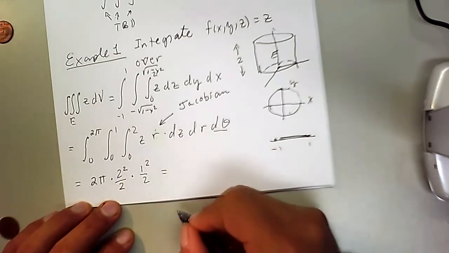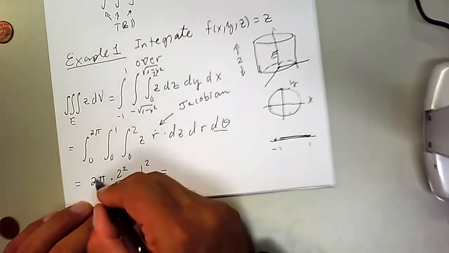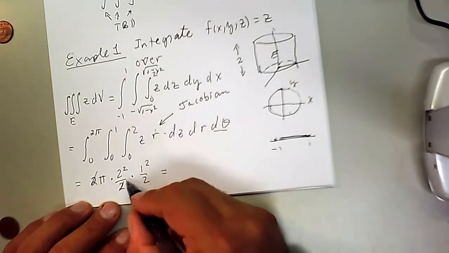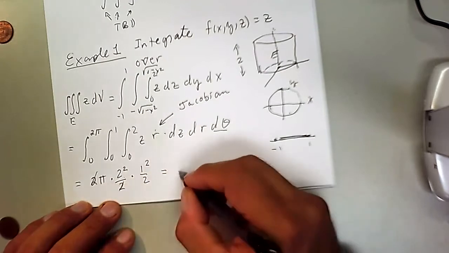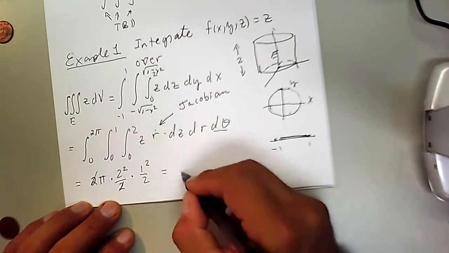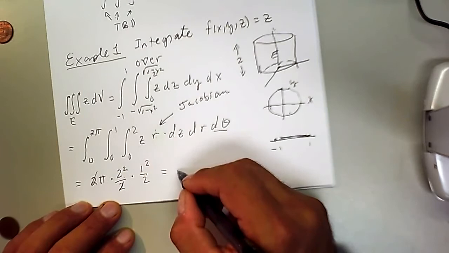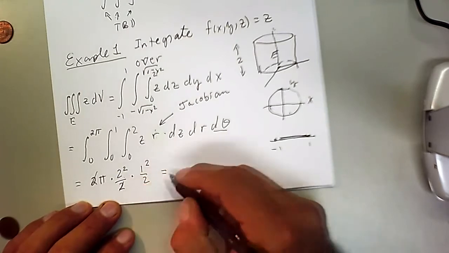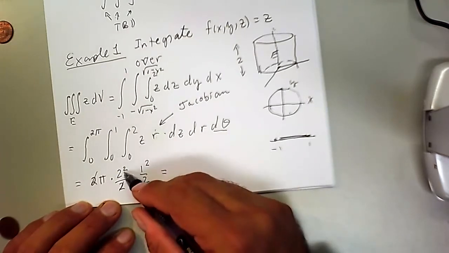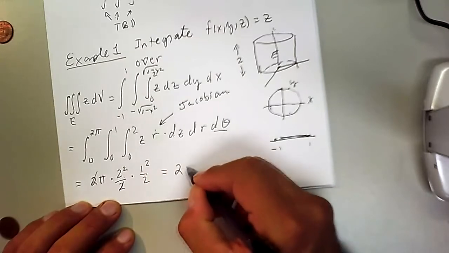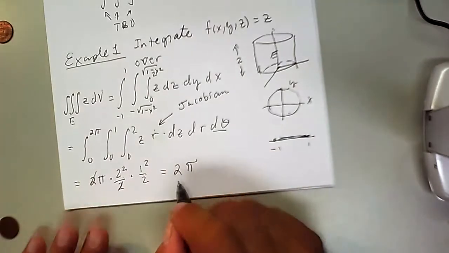So we can simplify those 2's, so we end up with 4 pi over 2. Yeah, so there's an extra 2 here. So 4 over 2 is 2, so we end up with 2 pi.